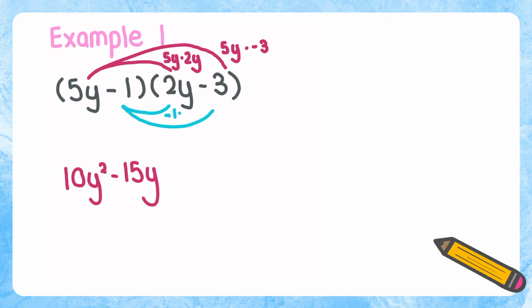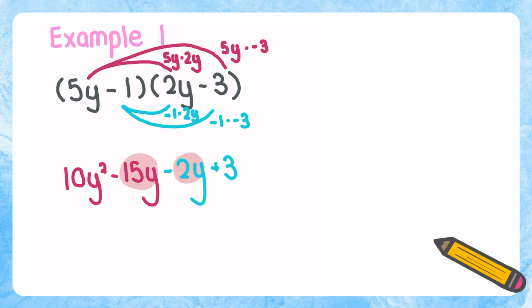And then these blue ones, negative 1 times 2y, and negative 1 times negative 3. So negative 1 times 2y is negative 2y, and a negative times a negative is a positive, so we got that positive 3.